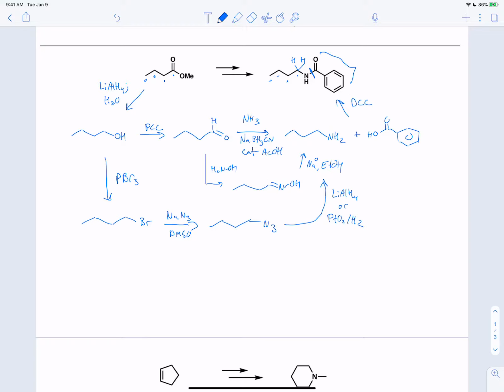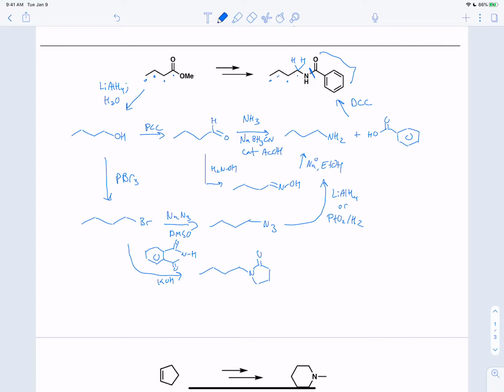And yet one more potential solution that I'll draw out, as we always have so many different choices here. It never hurts to review different ways to make primary amines. This would be to do an SN2 reaction with phthalimide.